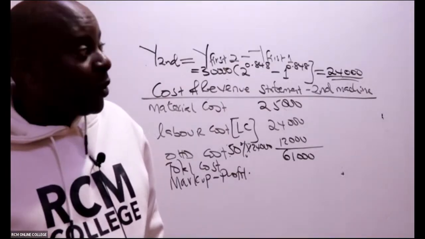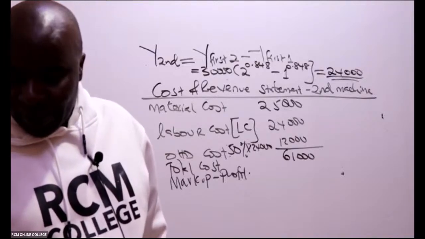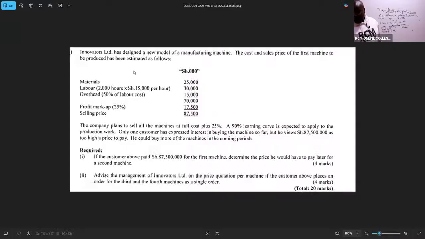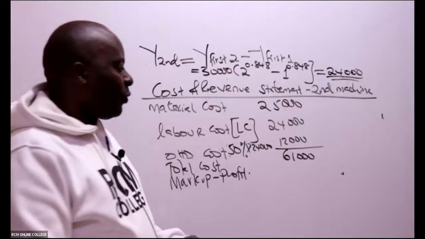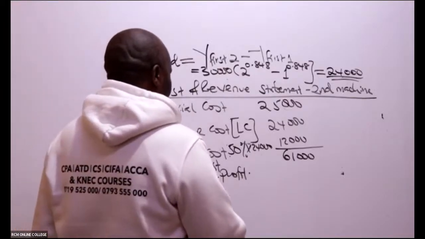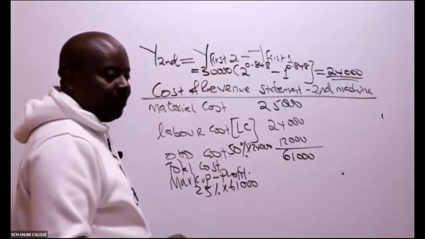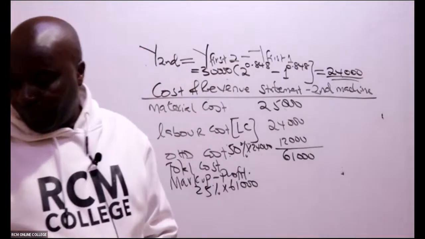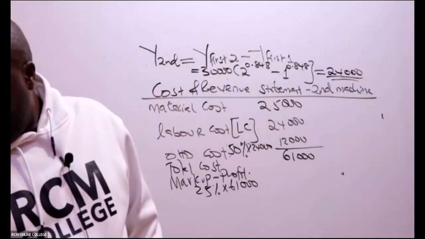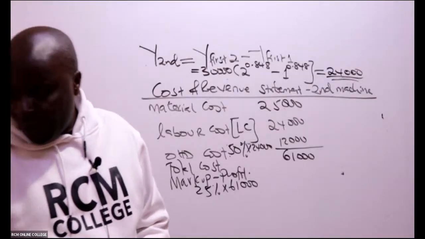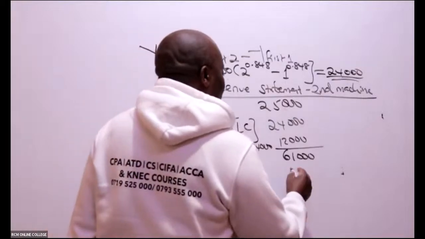Here, profit markup is 25% of the cost. So 25% of the 61,000 gives you $15,250.